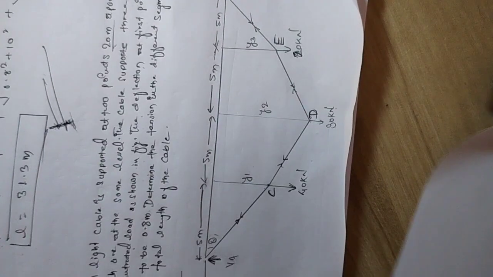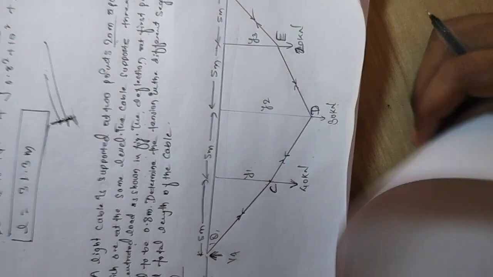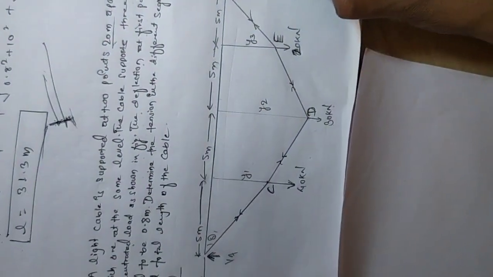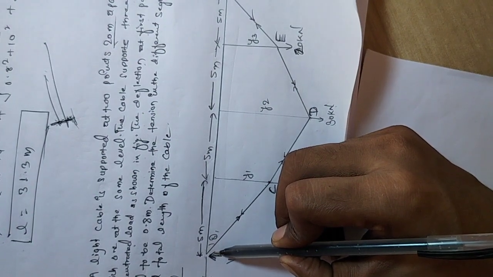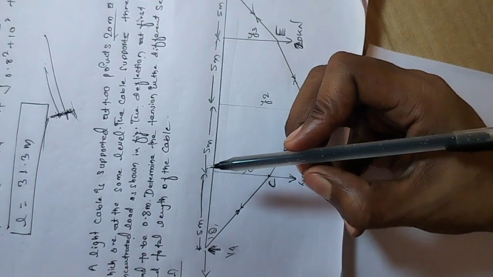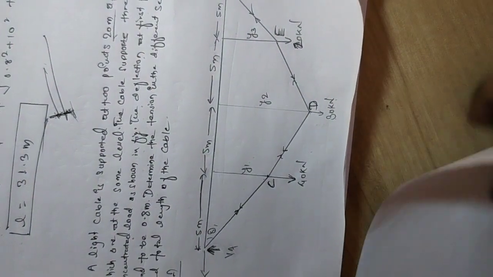First of all we are going to find the vertical reactions, VA and VB. If we take the moment about A equal to 0, we automatically get the vertical force VB. So let us start.